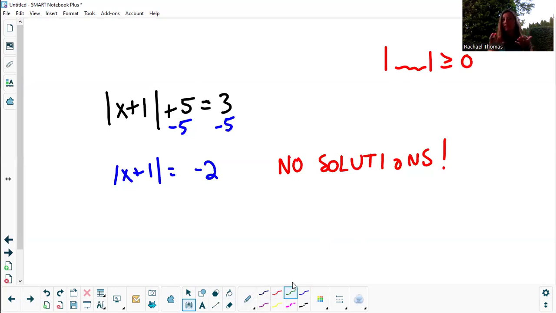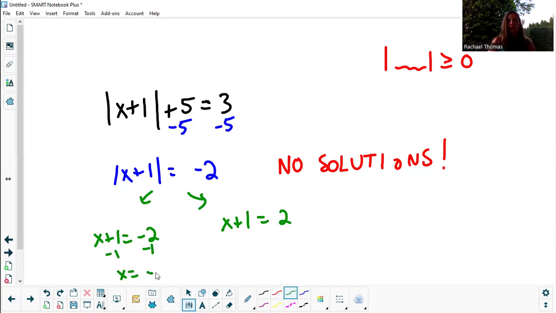So let's say we missed that. Let's say we forgot that we couldn't have the absolute value equal to a negative number, and we proceeded with this the way that we would have if we did have an equation with solutions. So I'm going to set my junk that's on the inside equal to the positive and the negative of the number that's on the right, and I'm going to try and solve for x, and I get x could equal -3, or x could equal 1. This is why it's always a good idea to go back and check.